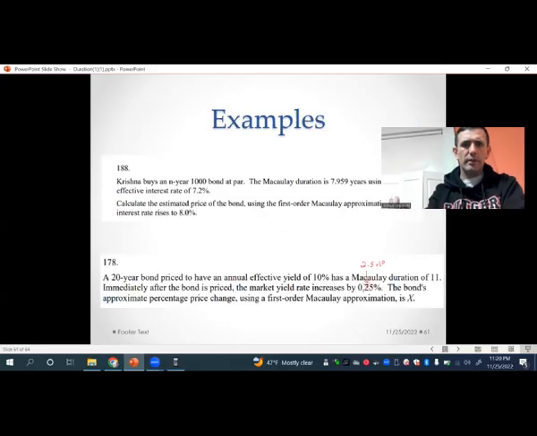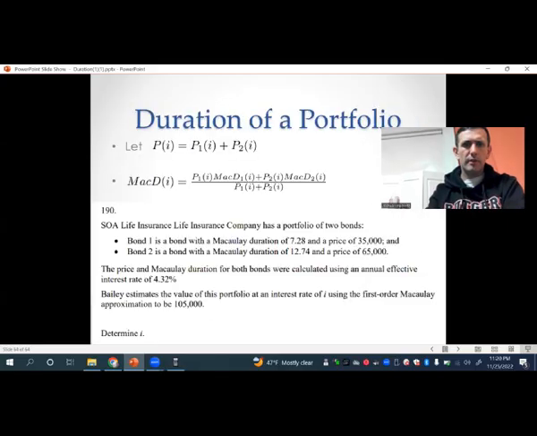We're given the total price, so we're looking at the value of this portfolio. We really are using P in this Macaulay approximation, which is the addition of these two bonds. So the new price of these two bonds is 105,000. The old one, the price of these bonds at this interest rate, is just 35,000 plus 65,000, 100,000.